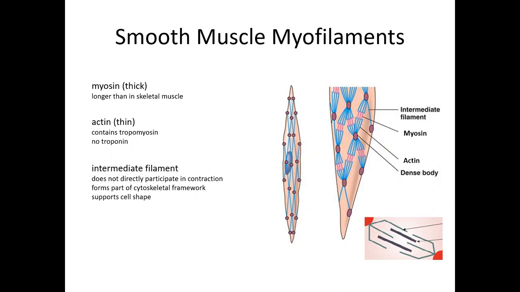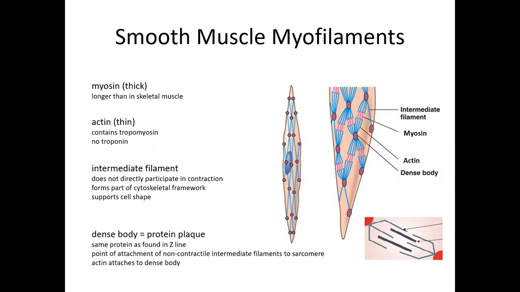And something else that's totally different is, I don't know if you've noticed, there aren't any Z lines here, and these do not look like typical sarcomeres, and that's because they are not. Instead, they have something called a dense body, which is just like this blob of protein, the same protein that we find in the Z lines, but it's not in a linear arrangement.